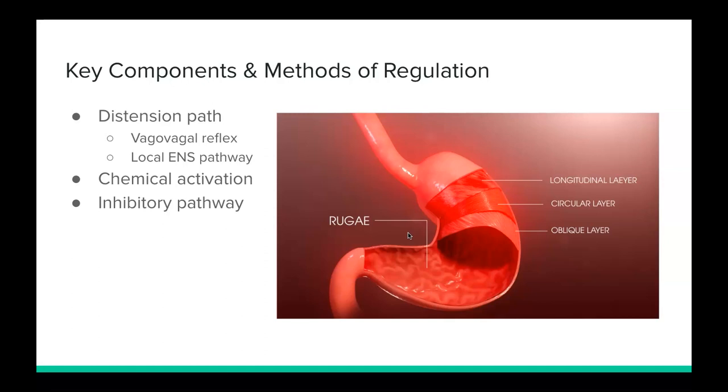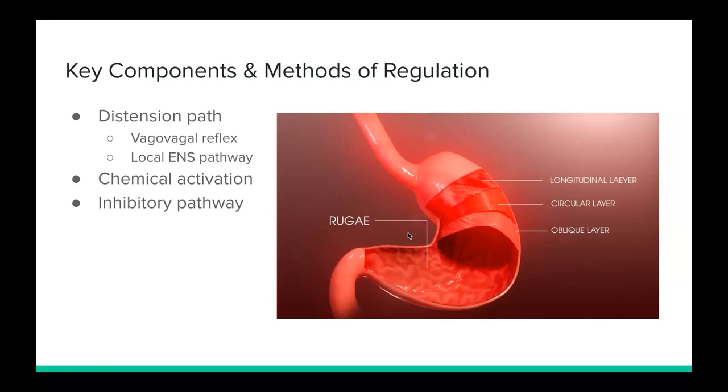We don't want that. Gastric secretion is stimulated chiefly by three chemicals. One is acetylcholine, two is histamine, and three is gastrin. Acetylcholine is secreted by parasympathetic nerve fibers of both the short and the long reflex. Histamine is a paracrine secretion from the enteroendocrine cells in the gastric glands.